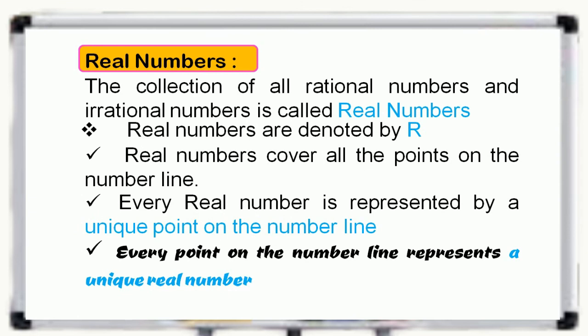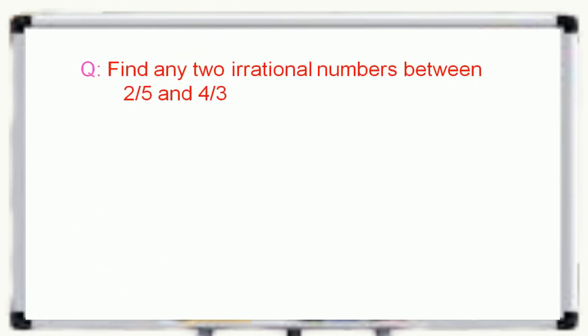So now the question is, find any two irrational numbers between 2 by 5 and 4 by 3. So here by dividing 2 by 5 we get 0.4, and 4 by 3 is equal to 1.333 and so on.